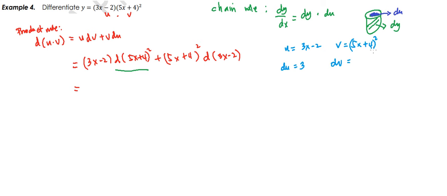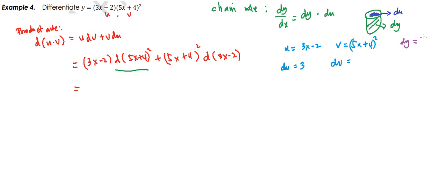Now, ang una natin gagawin ay we're going to derive first yung outside. Okay, so yung outside na tutukoy natin yan yung tinatawag nating dy. So in this case, ang dy natin ay ito, yung nasa labas na expression.